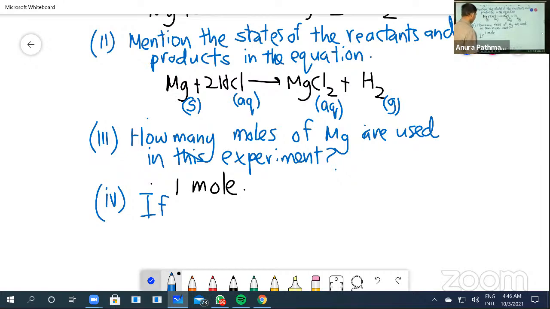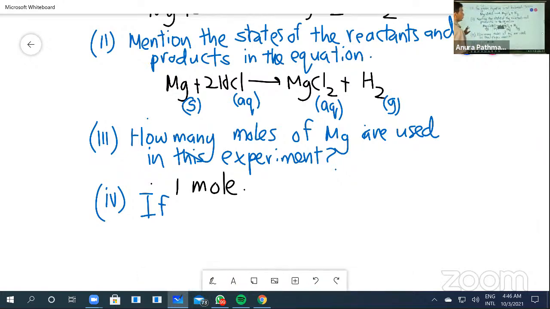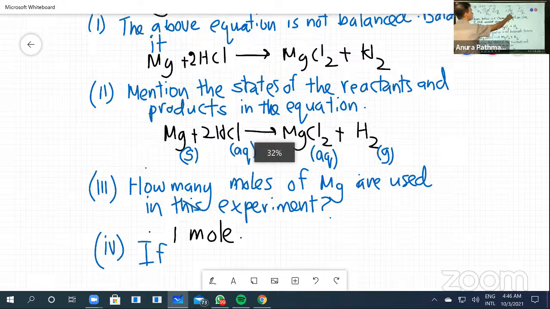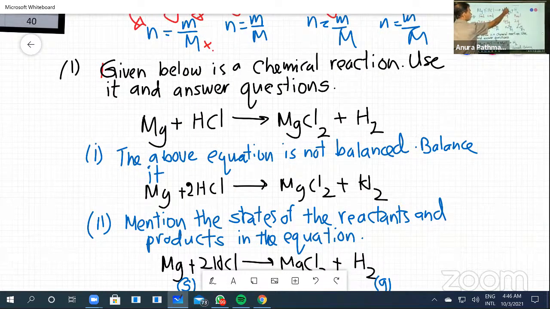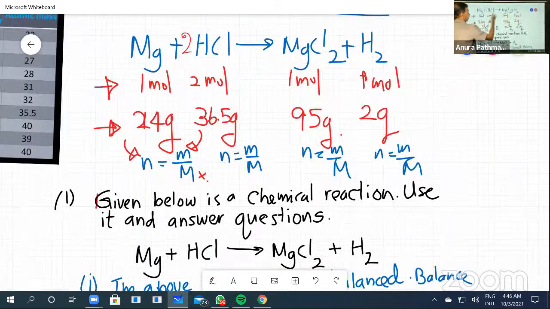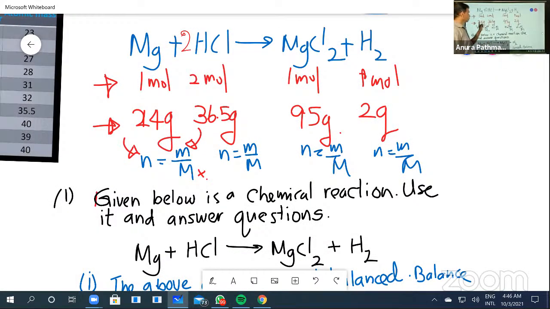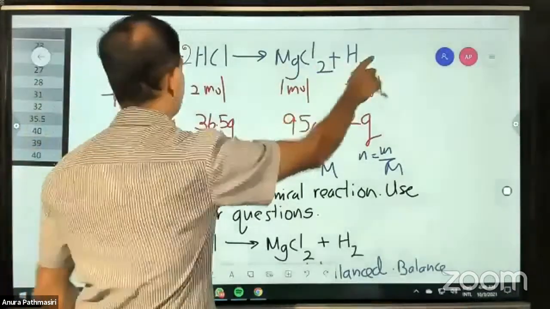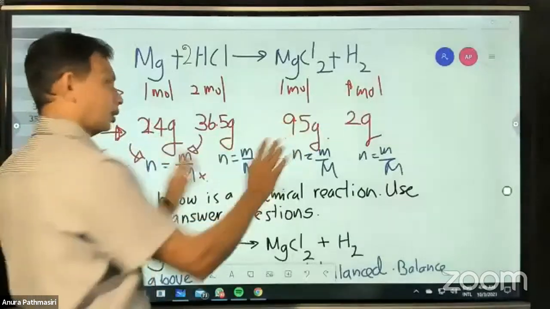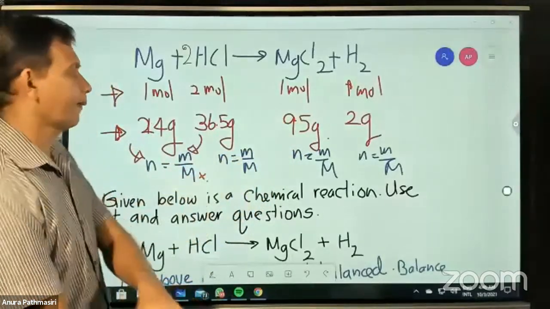All right. Now look here, I'm going to make the question by using this one. I told you magnesium chloride 95 grams. I considered this one in masses. I express it in moles and the question is asked using that.